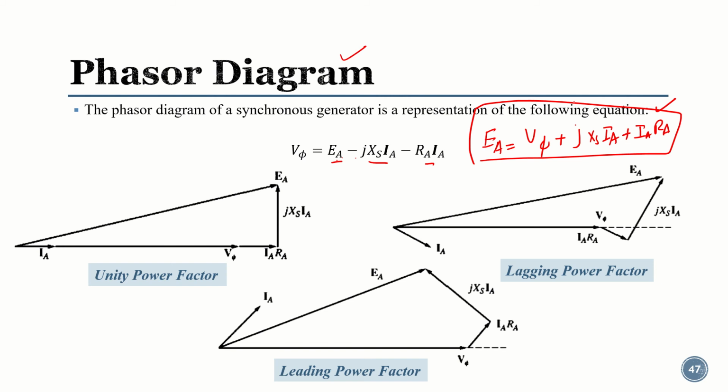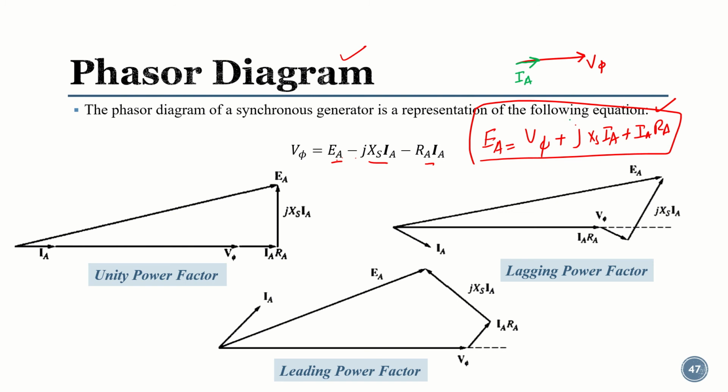Now let's consider we have a resistive load. To start the phasor diagram, we will draw the V phase and we will draw the IA. If you have a resistive load, V and I will be in phase.